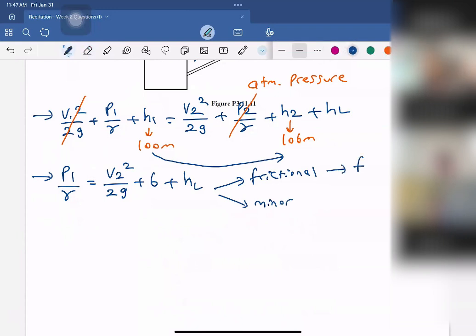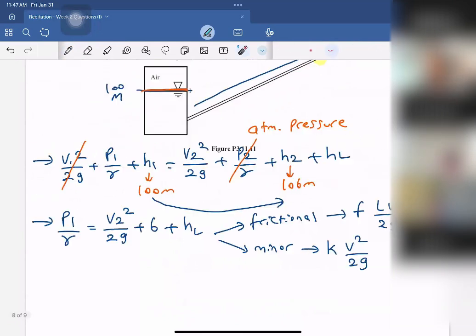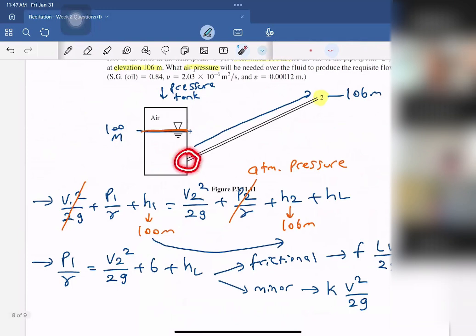And this was, of course, this equation. For minor loss, it is K v square over 2g. Here, K is the loss coefficient at this point, which is the entrance of the pipe. So again, from the textbook, K is 0.5.